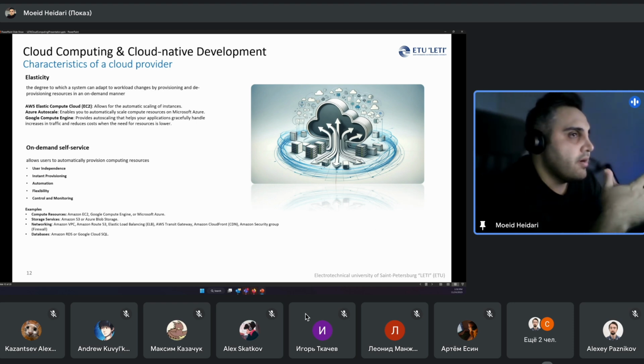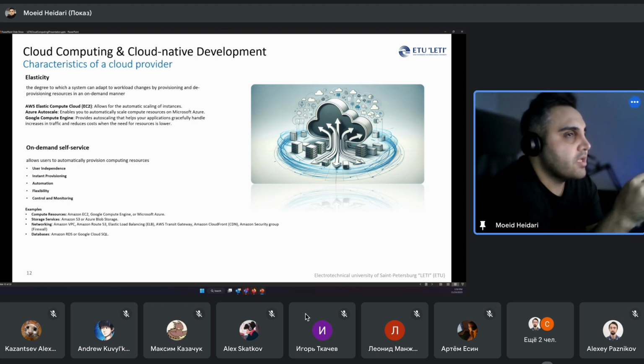It means that whenever you scale the infrastructure, how is your system able to elastically adapt the services running on these different resources? So how can the system adapt itself to the new changes?